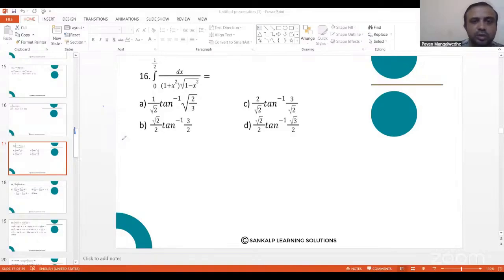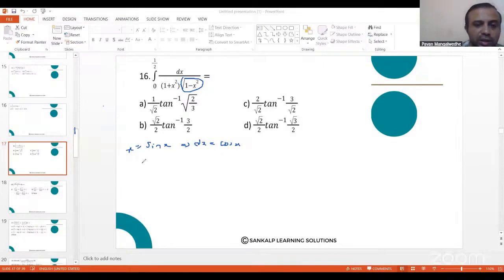So it is 0 to half, and the given equation is dx upon something. Now we want to eliminate the root, because of the root it is very difficult. To eliminate the root, first treat x as sin theta, which implies that dx will be cos theta d theta, since the differentiation of sin is cos.